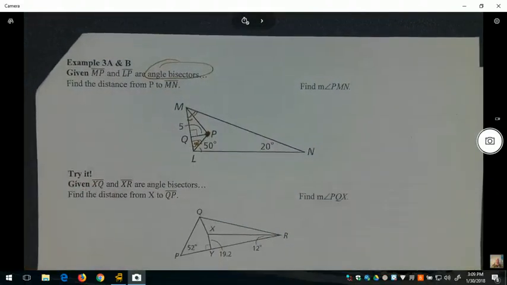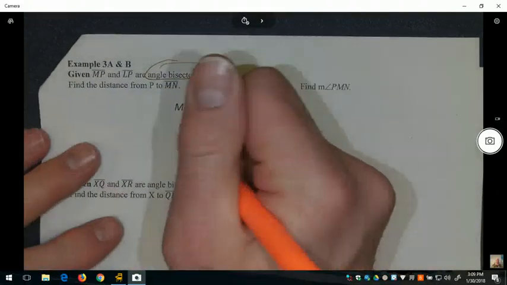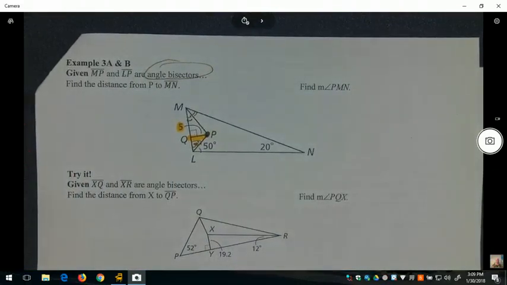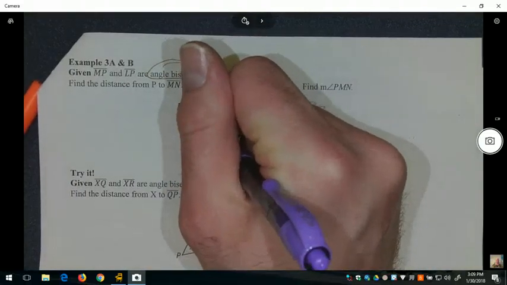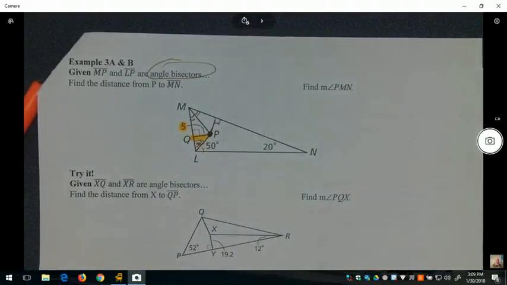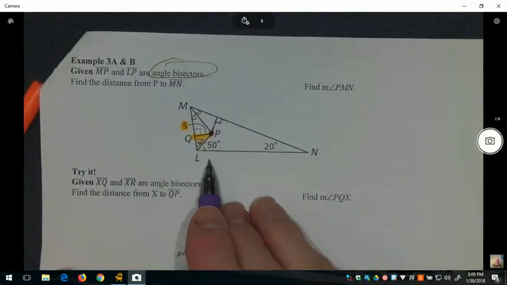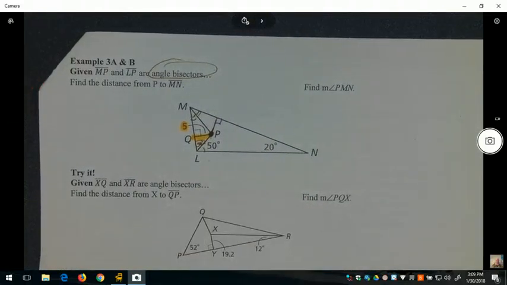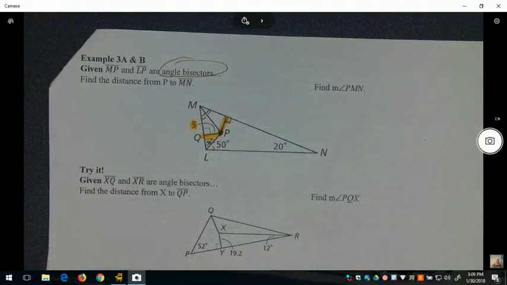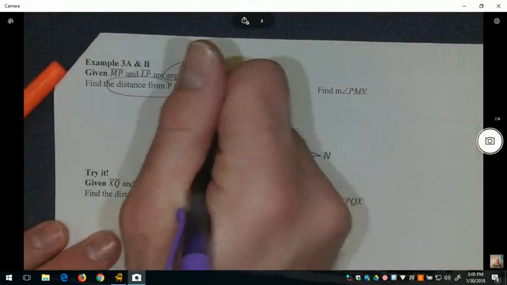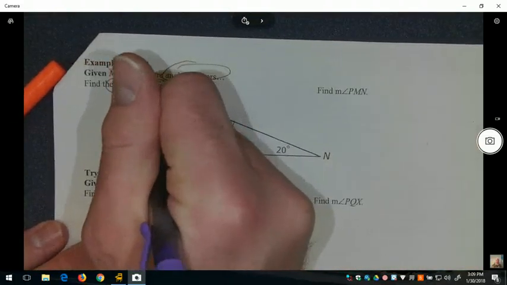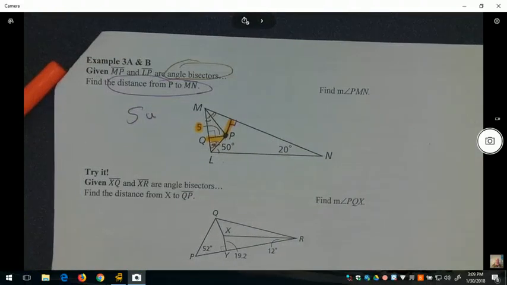And we know that the distance from P to Q is 5, which means even though they didn't draw it for us, the distance from P to MN will also be 5, and the distance from P to LN will also be 5. So they have to be the same. So the distance from P to MN is 5 units, whatever the units are.